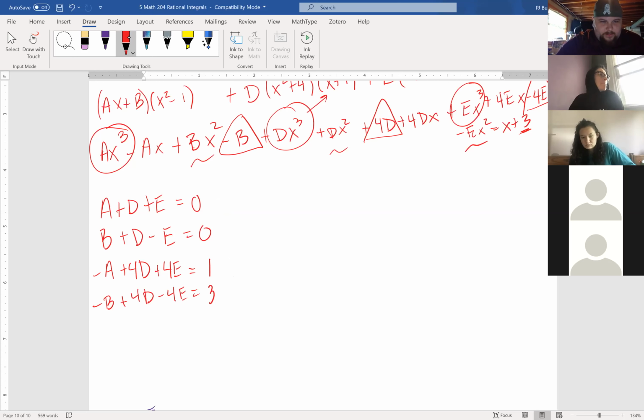Actually, I think we're going to want to do these two equations. Notice they have the exact same variables, a, d, e. D and E are both positive for both.